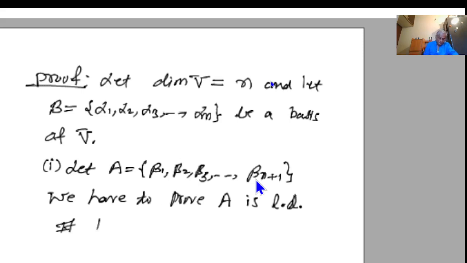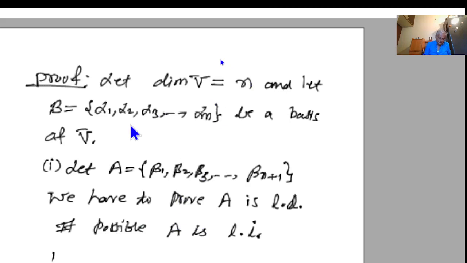So if possible, A is linearly independent, right? Here B is a basis, which means B spans V and B is linearly independent. And here we are assuming that A is linearly independent.